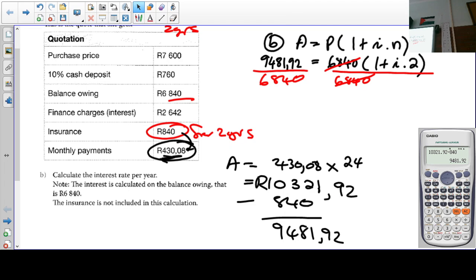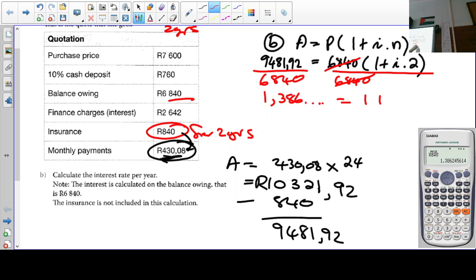So we say that the last answer calculated over 6,840 gives you 1.386, and the number carries on, equals 1 plus 2i. We take 1 over, then divide by 2.